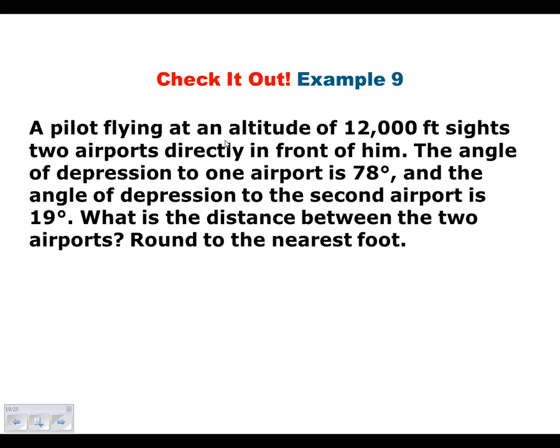A pilot flying at an altitude of 12,000 feet flies toward airports directly in front of him. The angle of depression to one airport is 78 degrees and the angle of depression to the second airport is 19 degrees. What is the distance between the two airports, rounded to the nearest foot?